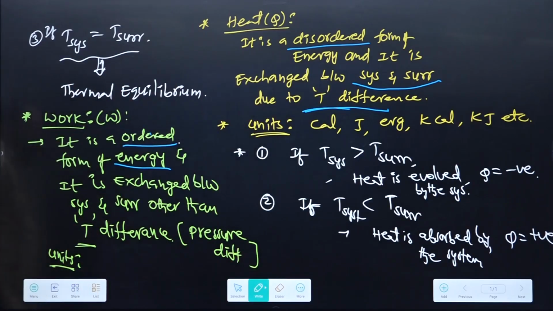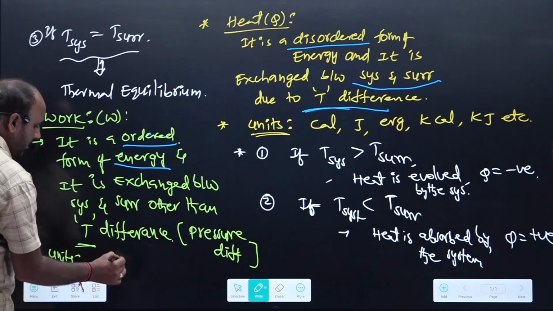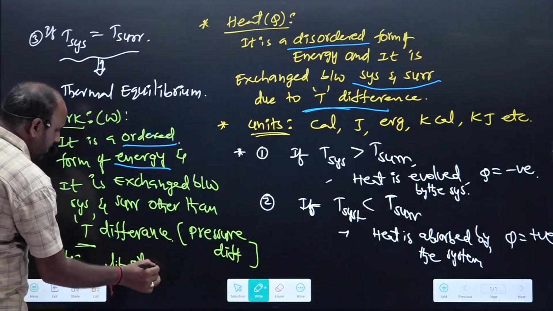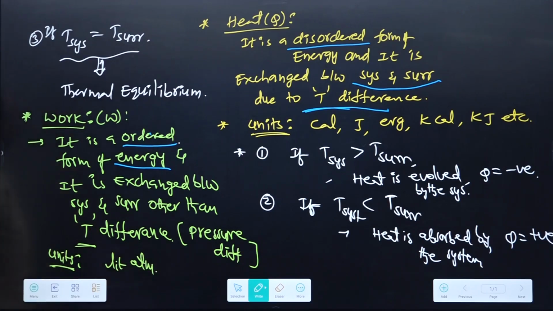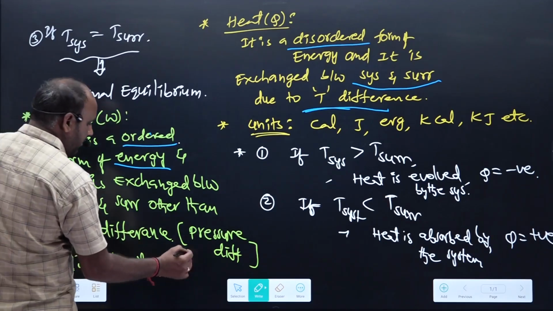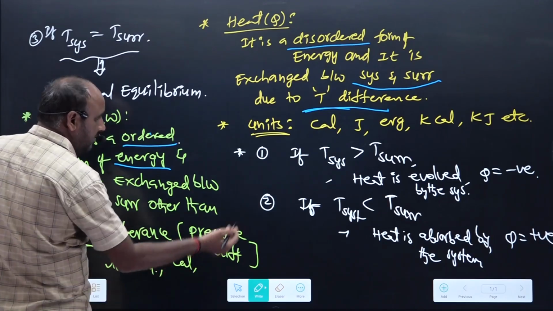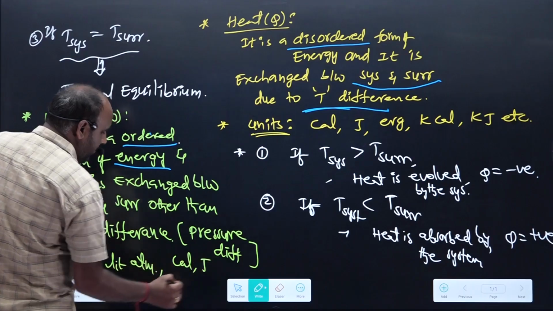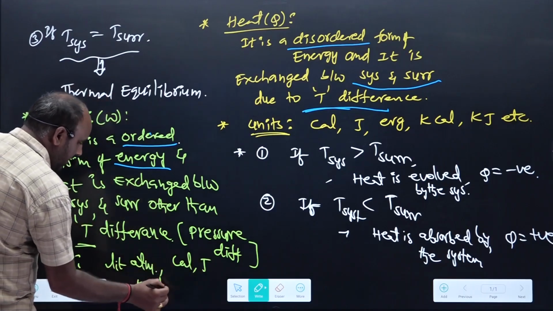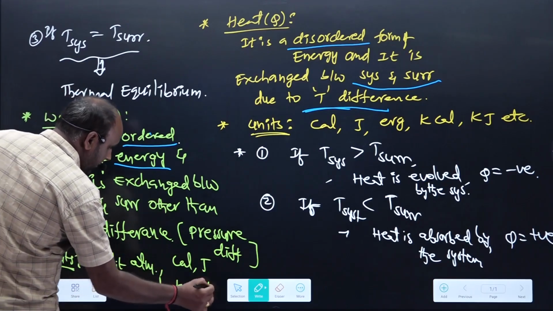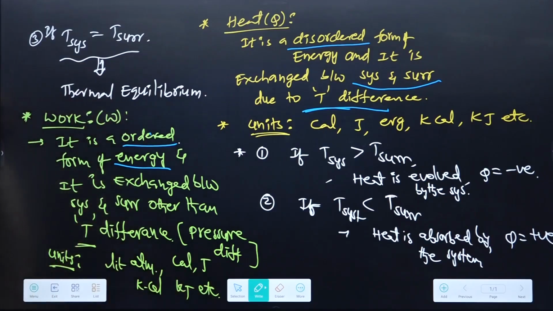In addition to that, the unit will be liter-atmosphere also we have to add. Work is what? Liter-atmosphere. These liter-ATM are also units for work, in addition to all, right? Even the remaining work, as a form of energy, will be expressed in calories and joules, then kilocalories and kilojoules, etc., right?